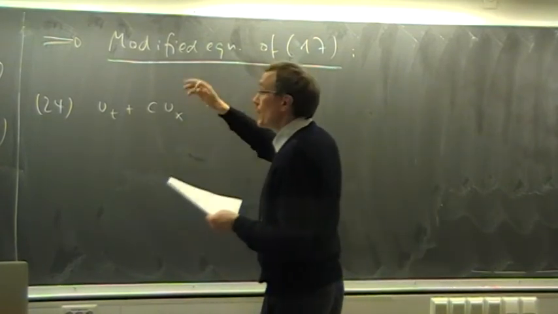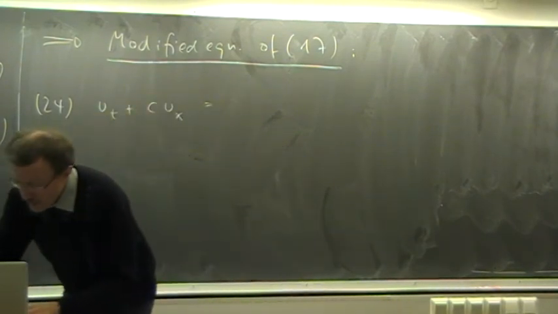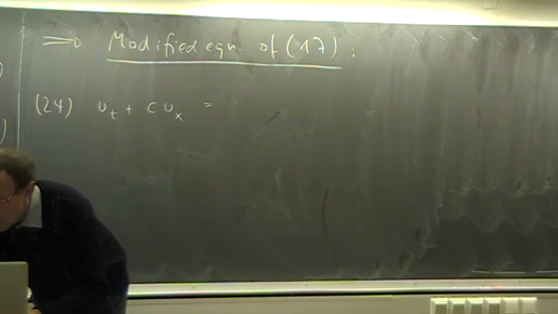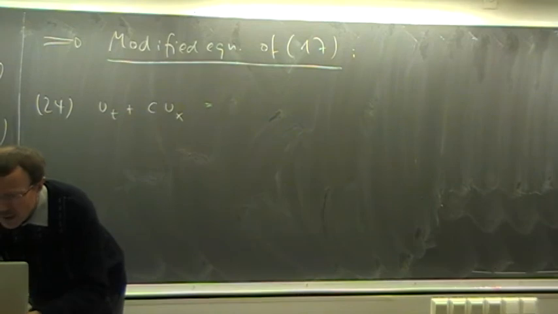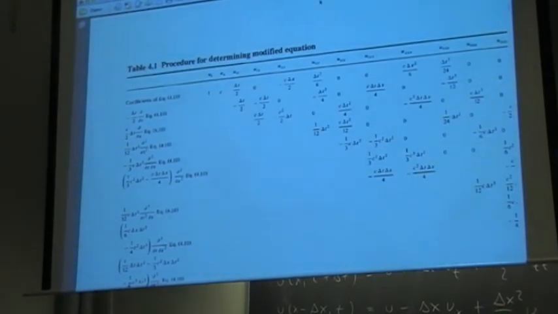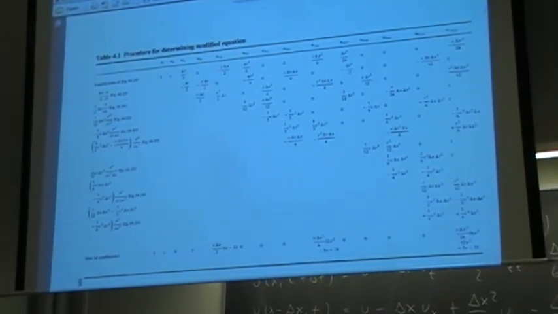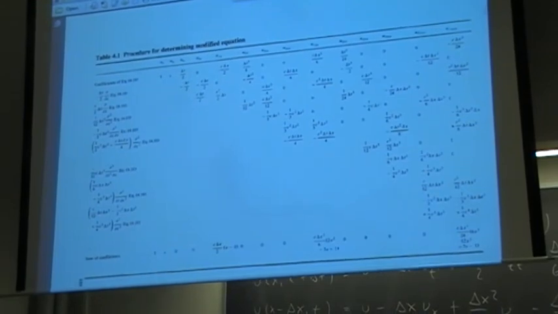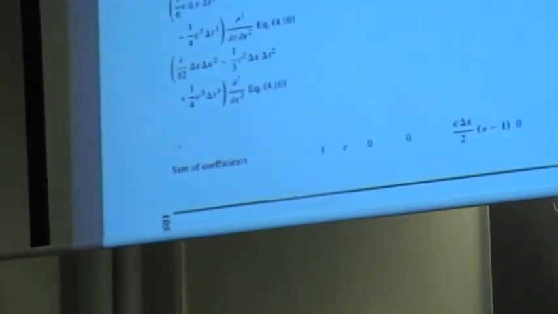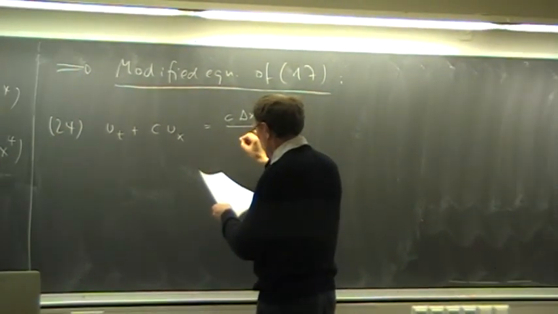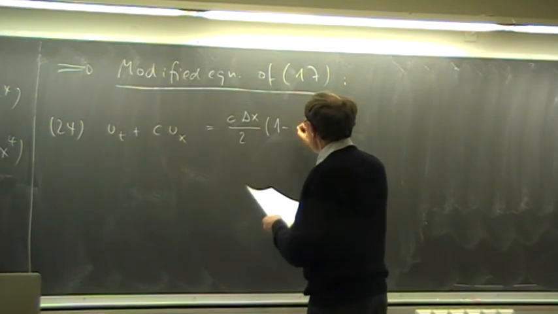But what we get when we do this process, in the end, we sum up all these terms in the table, and what we get as the first term on the right hand side is our advection velocity c times the grid spacing delta x divided by 2 times 1 minus the Courant number.